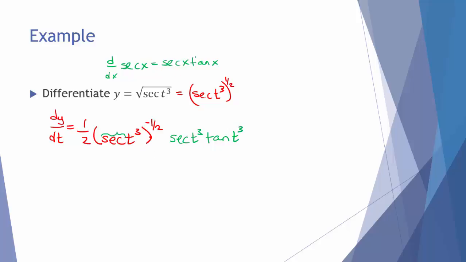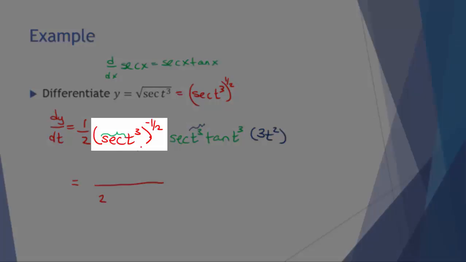Okay, just t cubed in place of x, but that is itself an inside function, which means we then need to multiply times the derivative of that inside function, the inside function being your t cubed. So times the derivative of t cubed, which is 3t squared. So putting all of that together, we have a 2 in our denominator.